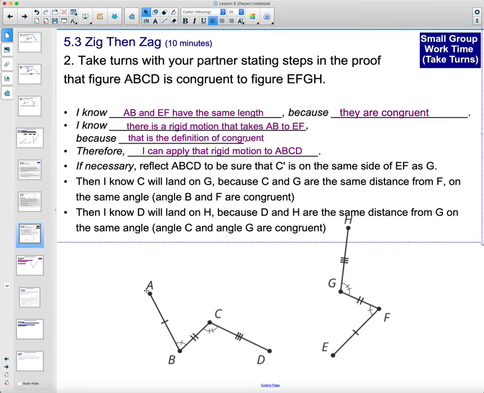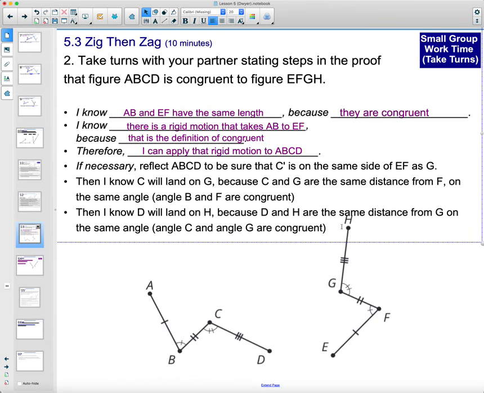So rigid motion, move AB to EF, and then how does that ensure the rest of it? Well, make sure you flip it over so G's on the same side, if necessary. Then C lands on G because F and B are the same angle, and G and C are the same length away from that angle. So now you've proven that A and E, B and F, C and G are set.